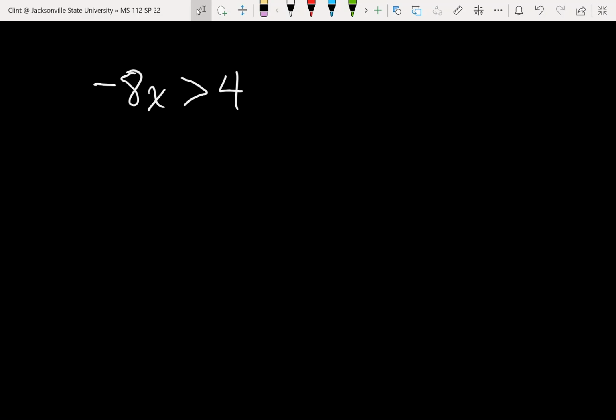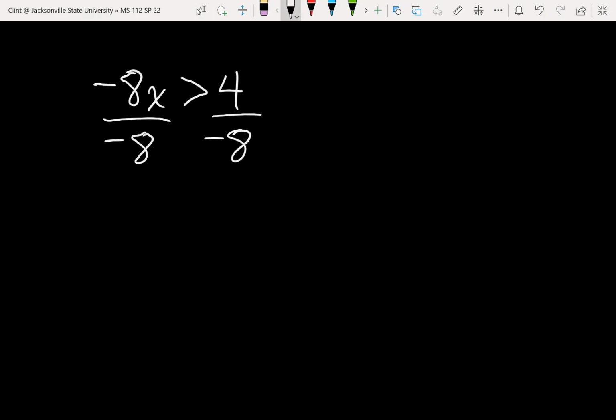This one brings into play one of the only differences between solving equations and solving inequalities. Most of the time, you can just go about business as usual and treat the inequality symbol just like an equal sign. There's really only one big exception, and that is if you multiply or you divide both sides by a negative number. Anybody remember what we have to do? We got to flip the sign. So here, in order to solve for x, we've got to divide by negative 8.